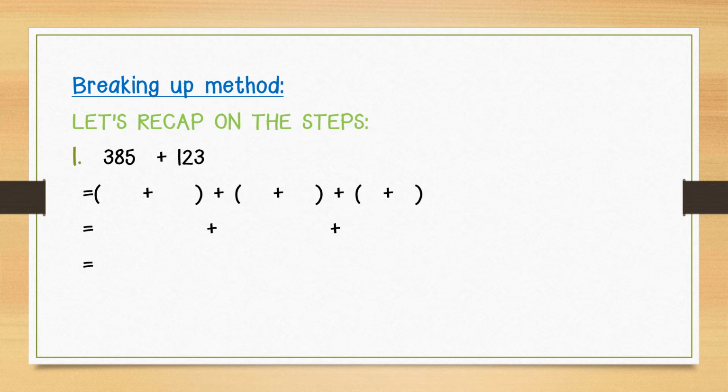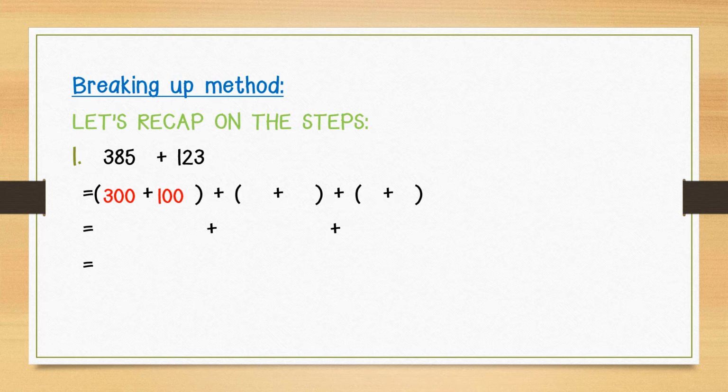So if we break up the numbers into hundreds, tens, and units, for our first step, we've got 300 from 385 and 100 from 123. So now we've broken up the hundreds column. So let's break up the tens column.